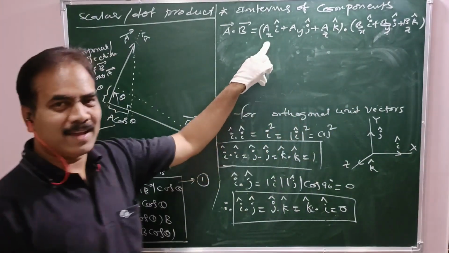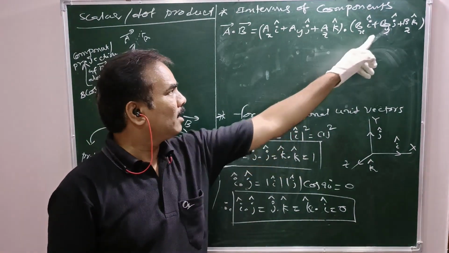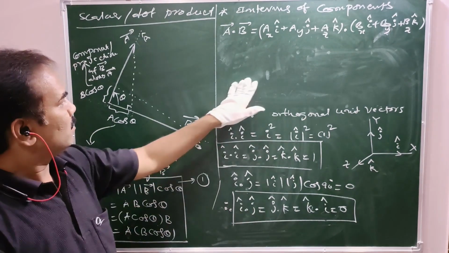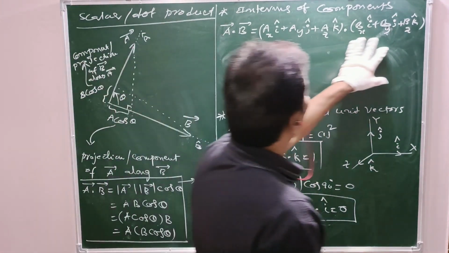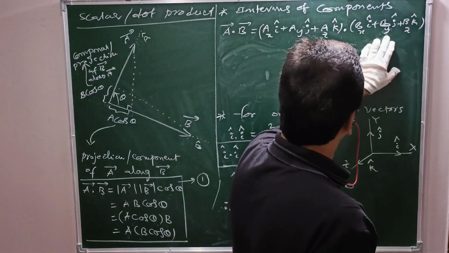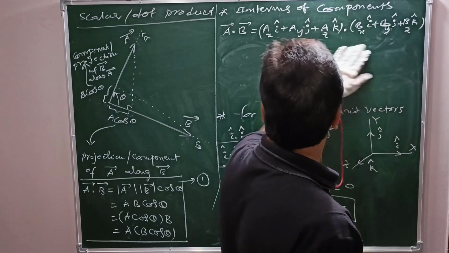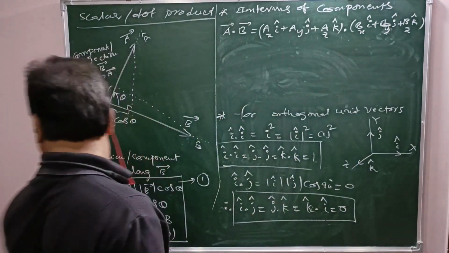So a bar is ax i cap plus ay j cap plus az k cap. Similarly b bar is bx i cap plus by j cap plus bz k cap. So simply alphabets, not numericals. First let us see in terms of alphabets. Later on we can solve given problems.